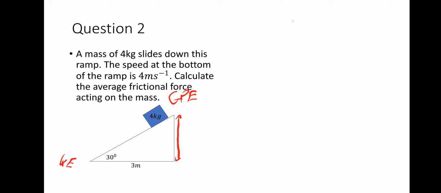Starting with the height. So let's label it up. So this is opposite the angle, this is adjacent. So it's just going to be tan of the angle, tan 30, equals opposite over adjacent. So opposite, what we're looking for, divided by 3. So the opposite is simply 3 times tan 30.